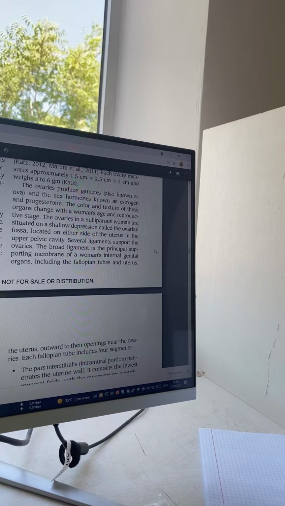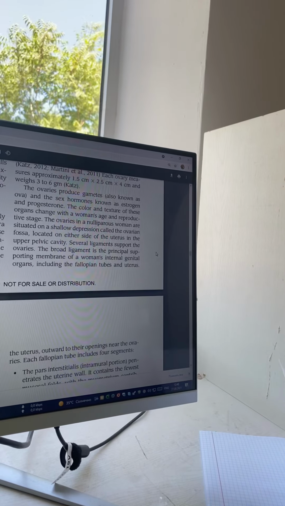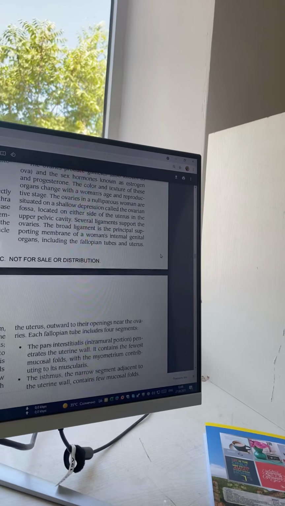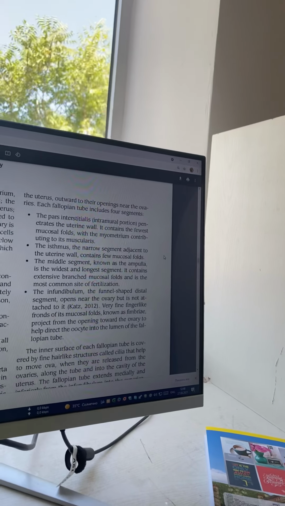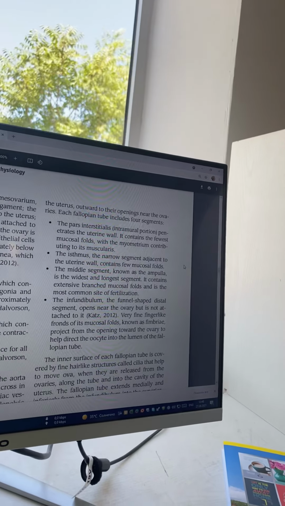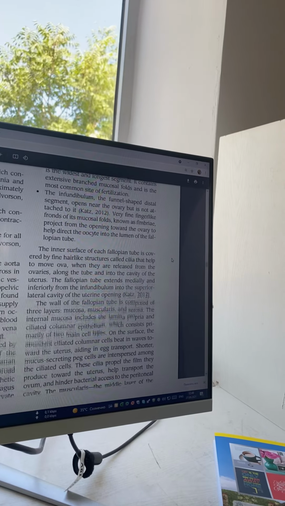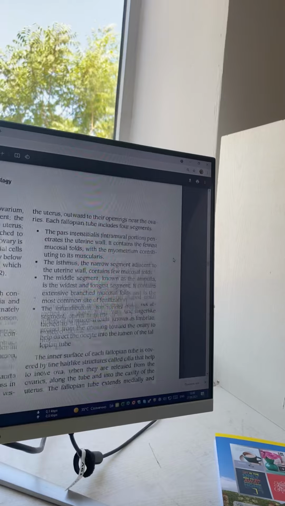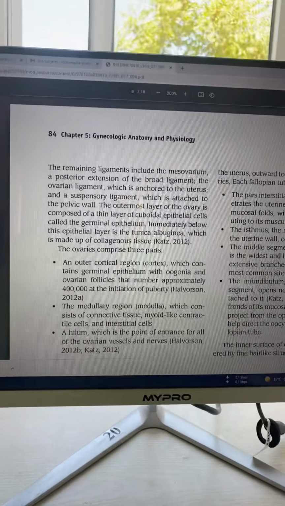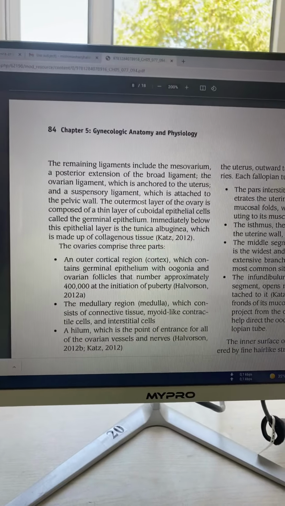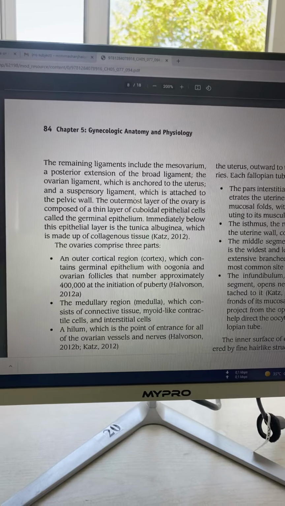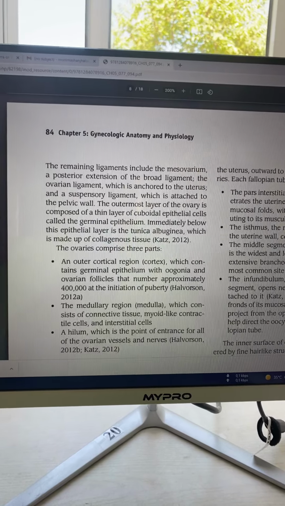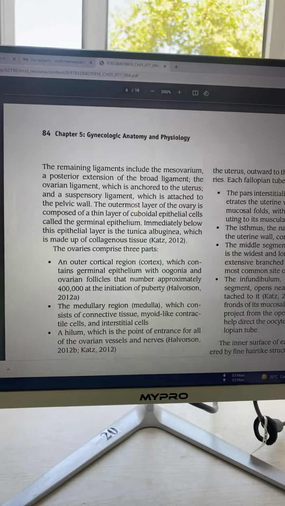The broad ligament is the principal supporting membrane of the woman's internal genital organs, including the fallopian tubes and uterus. The remaining ligaments include the mesovarium, a posterior extension of the broad ligament, the ovarian ligament, which is anchored to the uterus, and a suspensory ligament, which is attached to the pelvic wall.